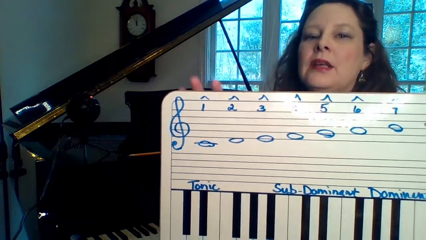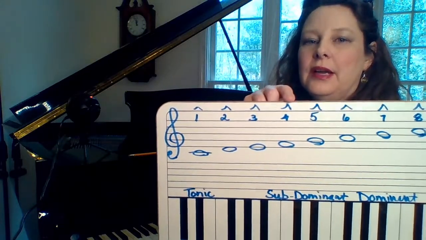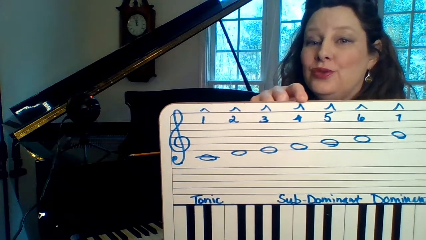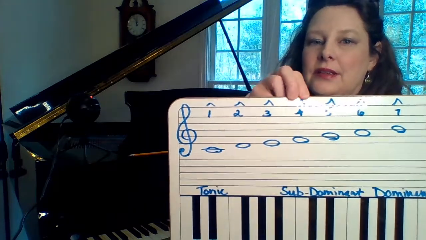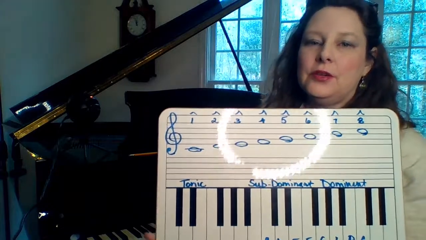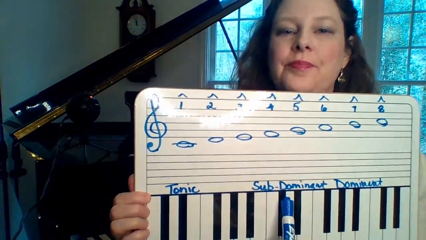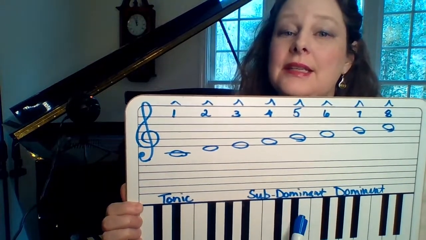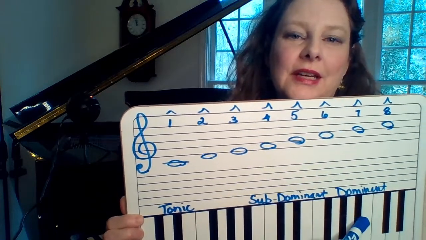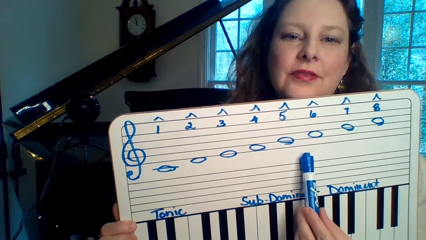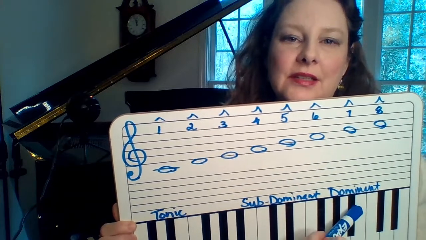The next most important scale degree or note is called the subdominant, and that is the 4th scale degree. So the 4th scale degree note is the subdominant note. The 5th scale degree, so 5, is the dominant note.